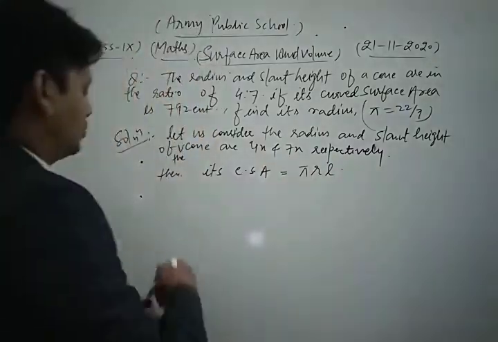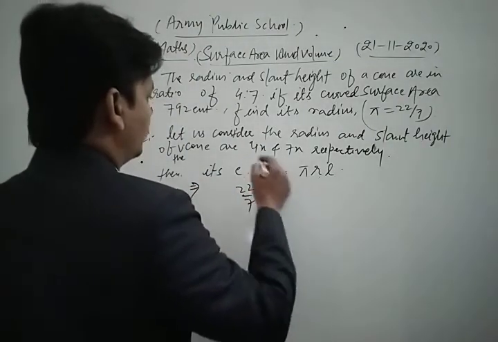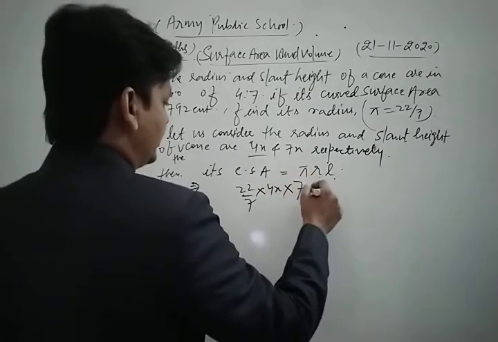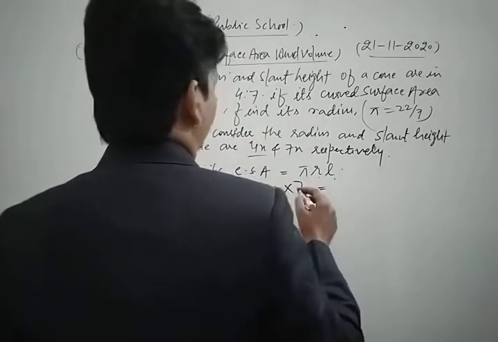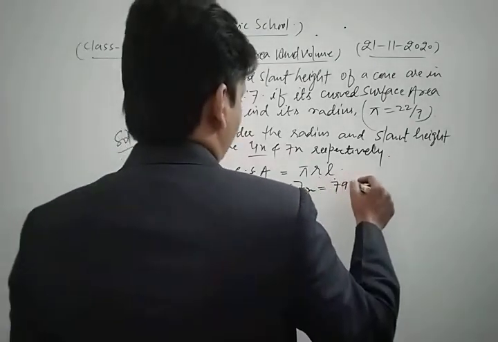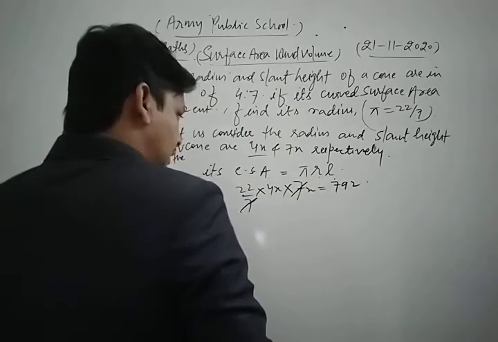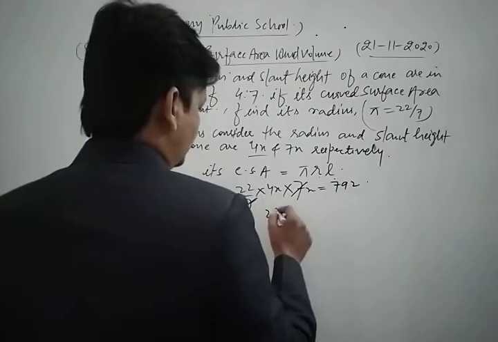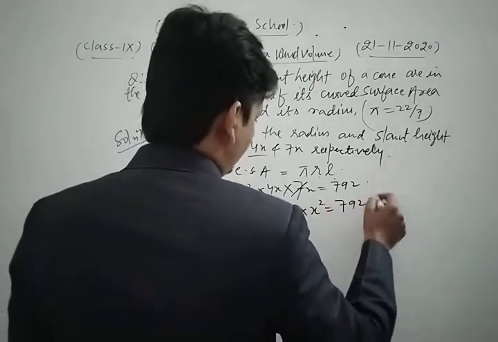So we get 22 upon 7 into 4x into 7x is equal to 792. 7 cancel each other, so we get 22 into 4 into x square is equal to 792.